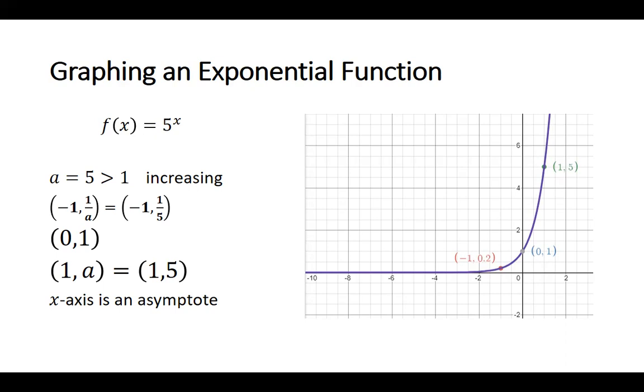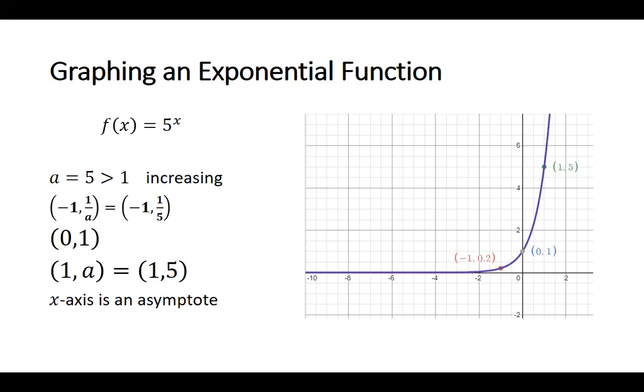Well, since x is being affected by that -2, that would be a shift to the right by 2. I could make it 5 to the x plus 3. So I'd have that 5 to the x function shifted up by 3. Realize that as it shifts up or down, the asymptote is going to shift up or down by that same amount.